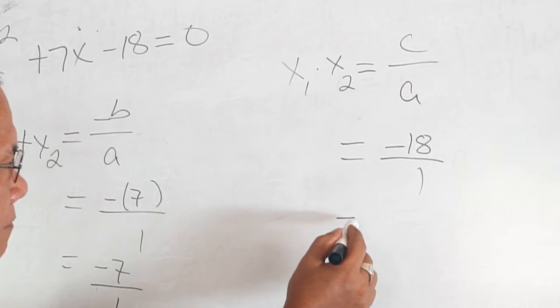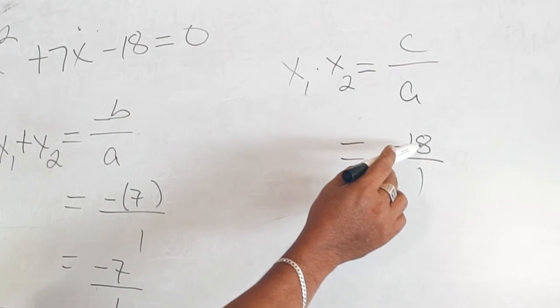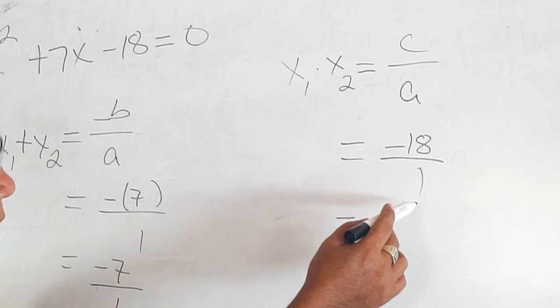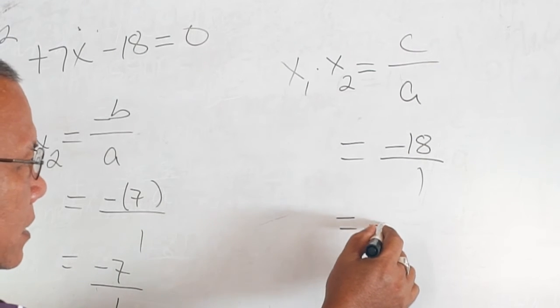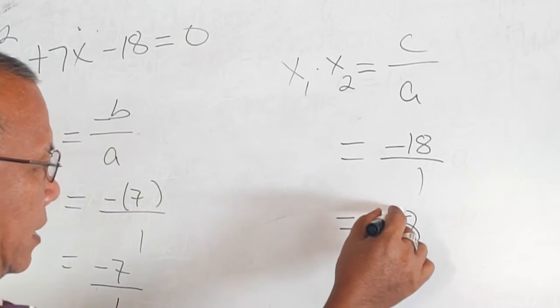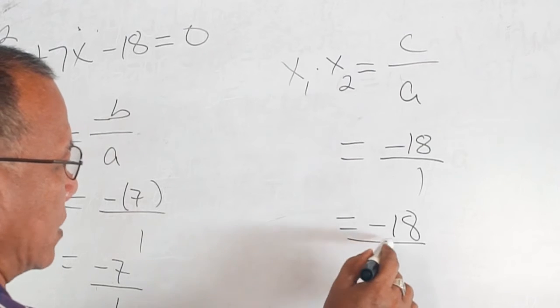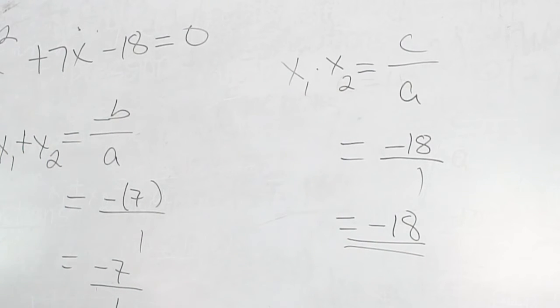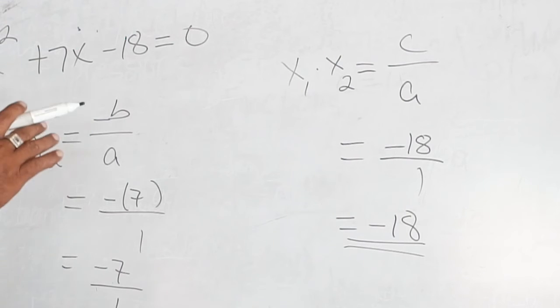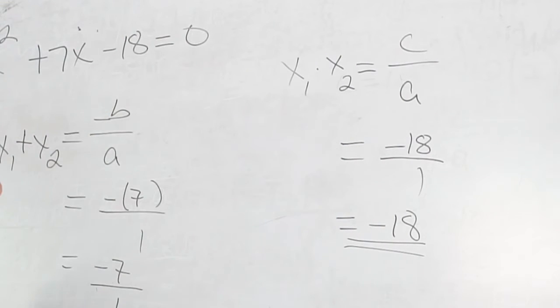Then divide: negative 18 divided by positive 1, so the result is negative 18. So this is now the product of x squared plus 7x minus 18 equals 0.